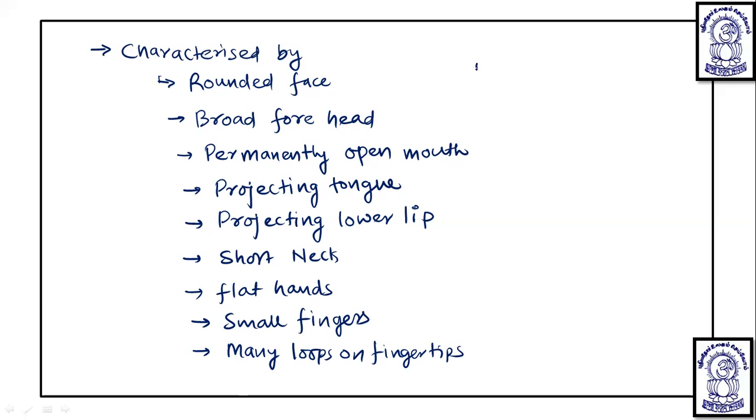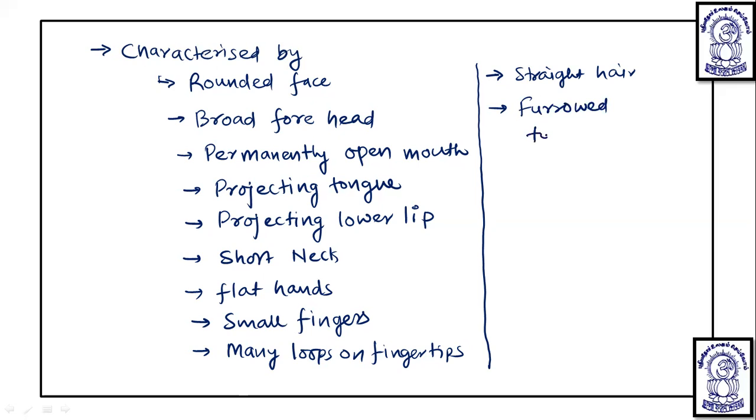Apart from this, you will see the presence of straight hair. Then you will see a furrowed tongue. Then a broad palm with a palmar crease.